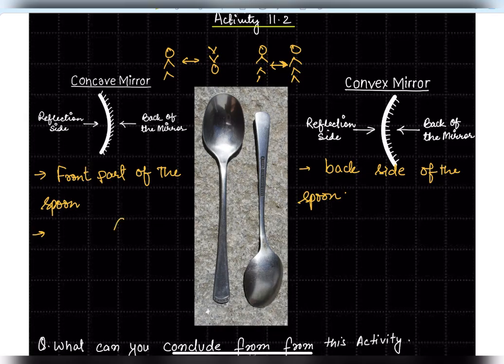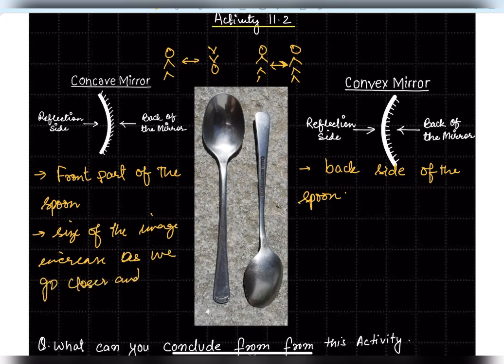So the size of the image increases as we go closer. You can do this experiment. You can take a spoon at home and try looking at this. This is an activity to be done by you.